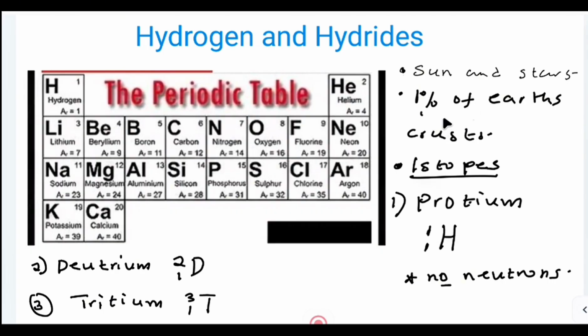Overall, hydrogen makes up about 1% of the Earth's crust. Hydrogen exists in three flavors. There's protium, which contains no neutrons and is usually implied when we say hydrogen. Then there's deuterium or heavy hydrogen, and then there's tritium or radioactive hydrogen.